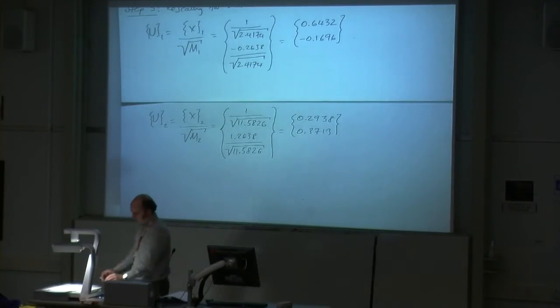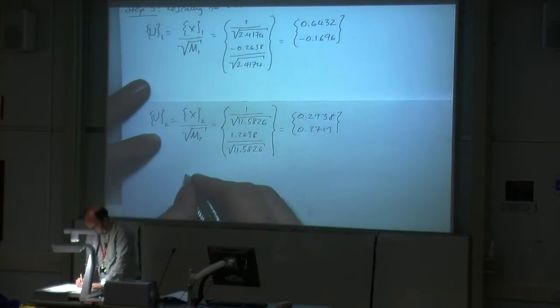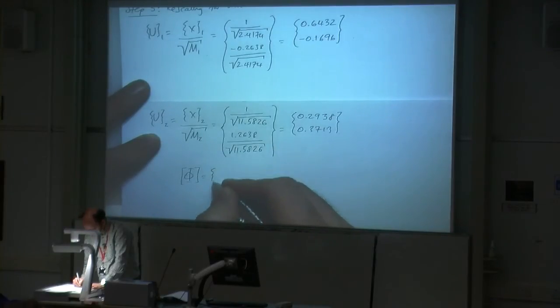So phi is basically those two things put together. Phi being the key to the relationship. So we've got u1 and u2.